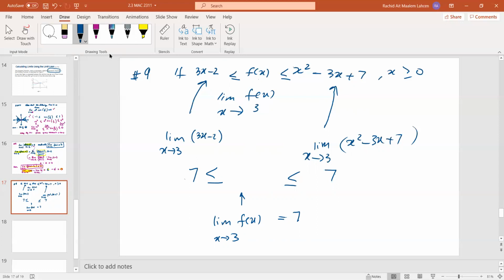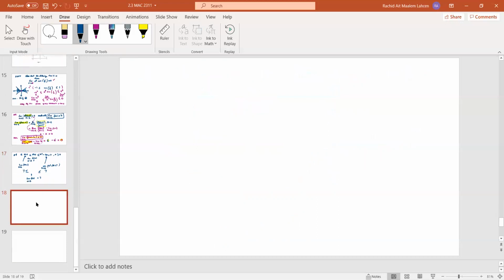All right. So last example, what we need to watch for. We need to watch for the two sides, and we need to watch for if it's a rational expression to simplify. Okay, so let's do example 3, and we close this one. Number 3.